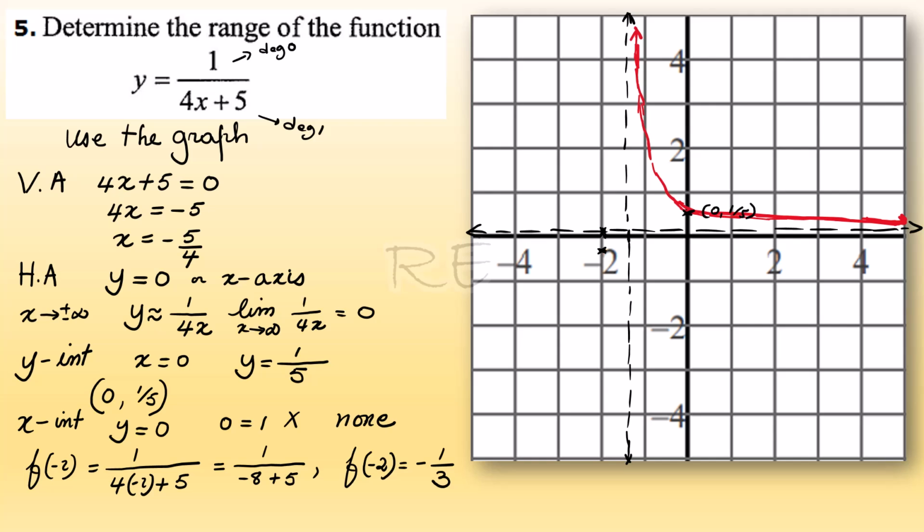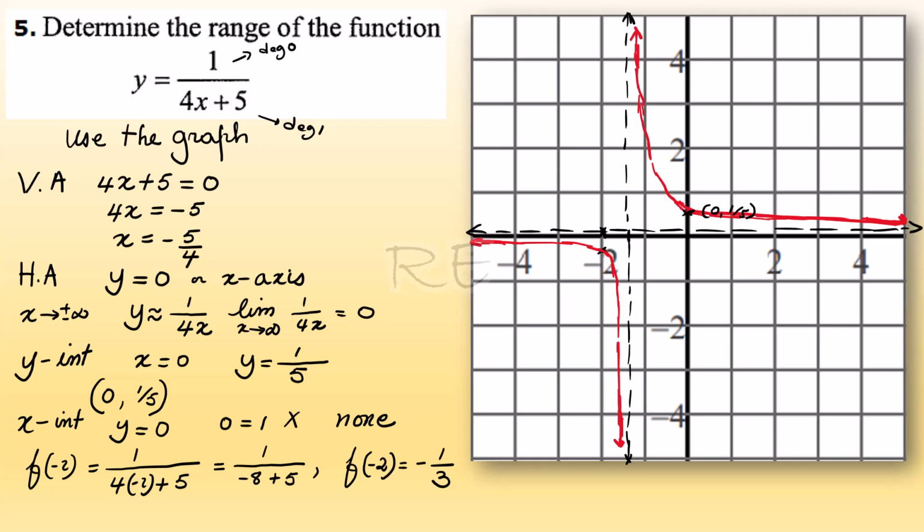Now look at what we have. We have y equal to 0 as asymptotic behavior, right? And x equal to negative 5 fourths as asymptotic behavior, and it goes through negative 1/3.